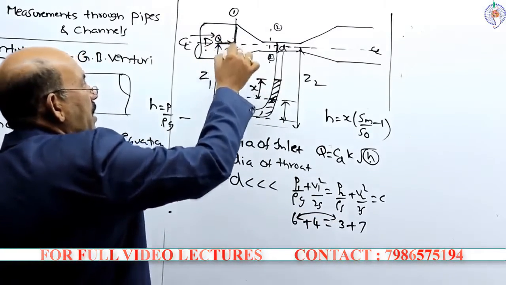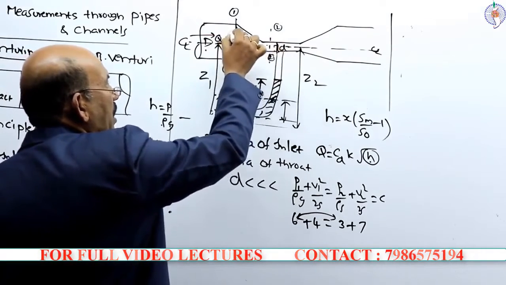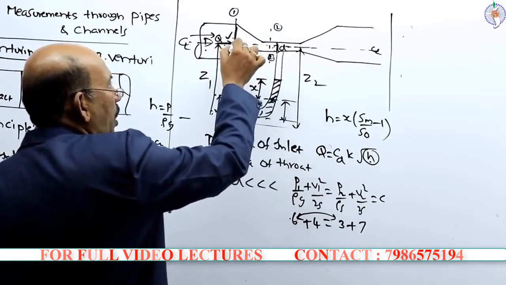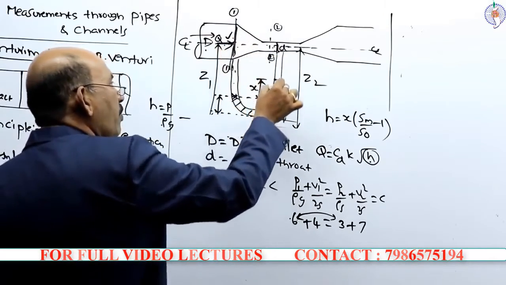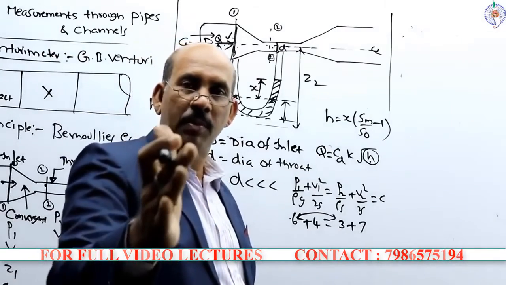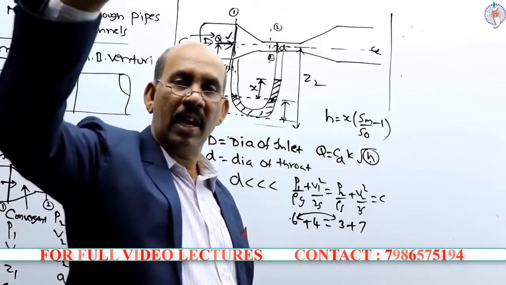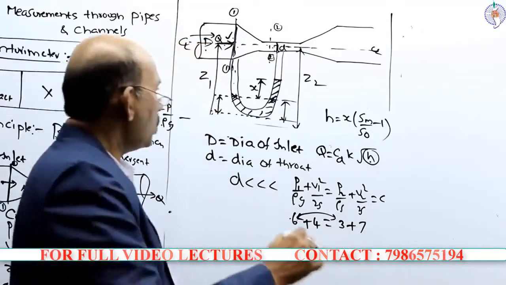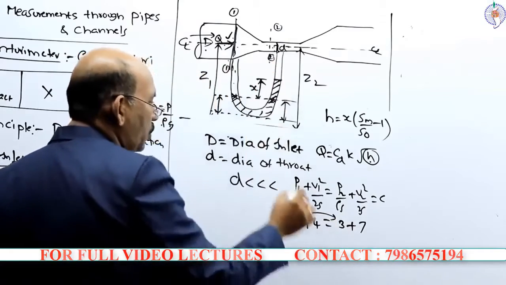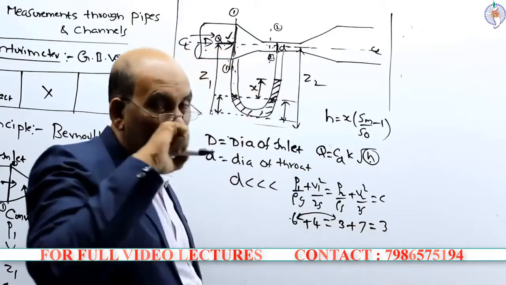Because the pressure at section 1 is more than the pressure at section 2, naturally this fluid will flow. That means at section 1 the pressure is more compared to section 2, therefore the manometric liquid rises to the right limb. So P1 is more than P2. The difference of 6 minus 3 is equal to 3.